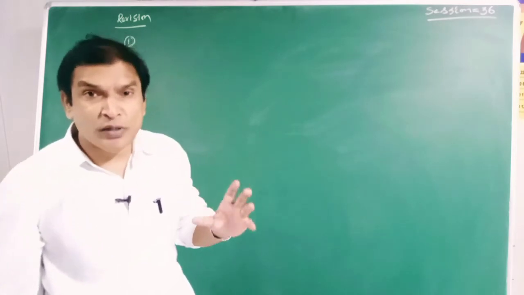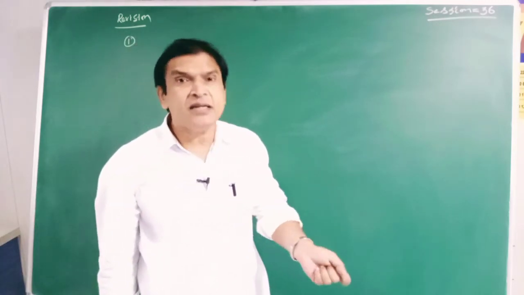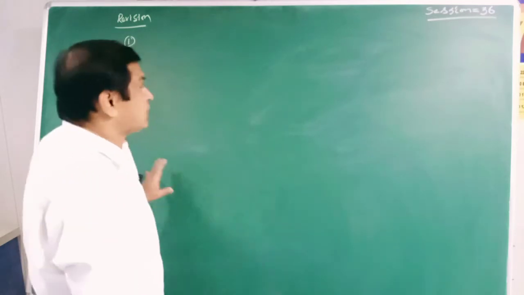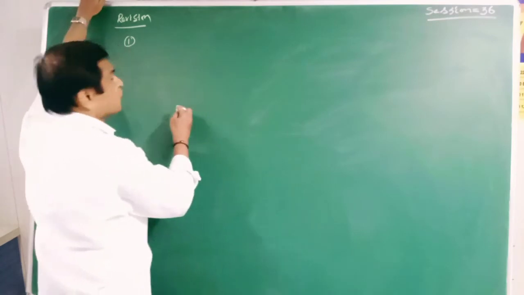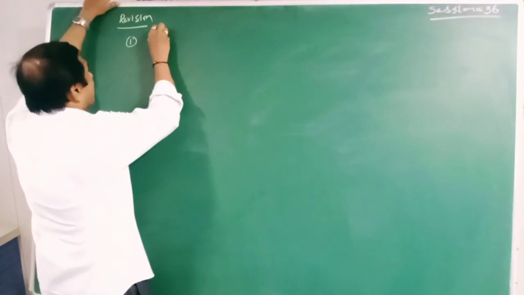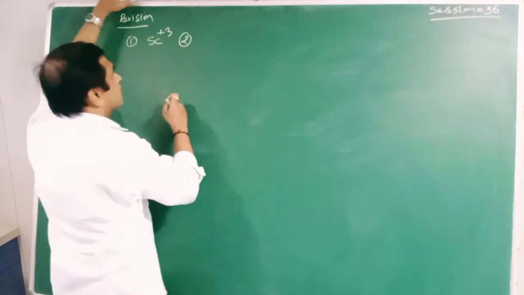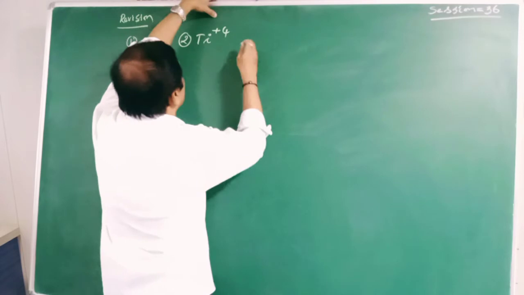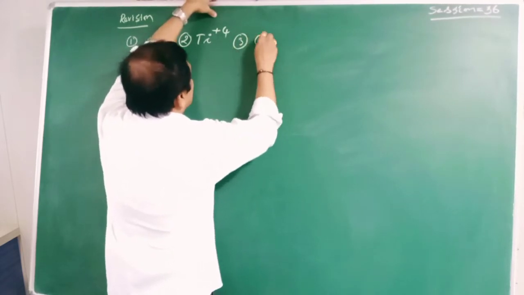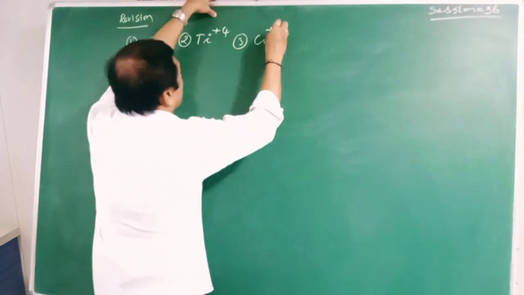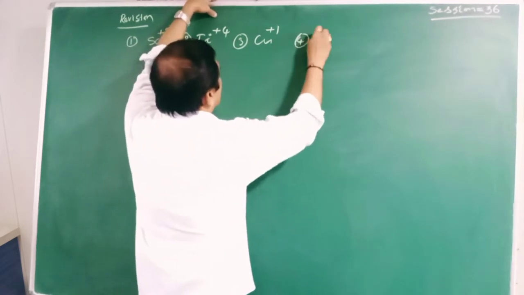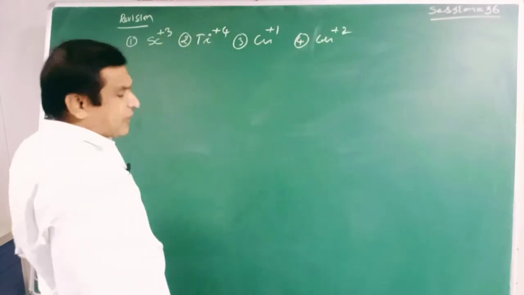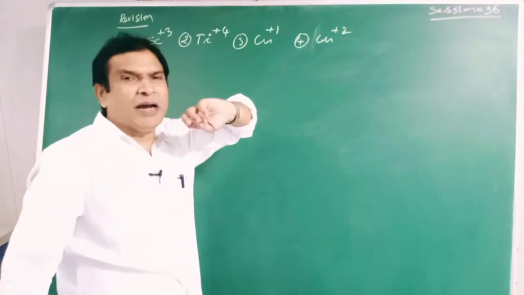Now the options: first, scandium plus 3; second, titanium plus 4; third, copper plus 1; fourth, copper plus 2. Identify which among the following is paramagnetic in nature.